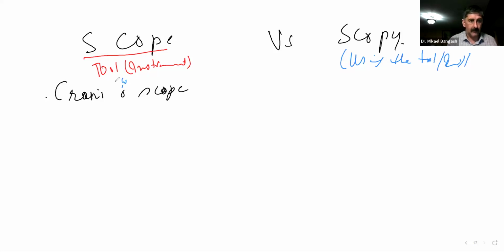This is your combining vowel. The word crani has nothing to do with cranes. It's just the word for skull. Did you guys get that?